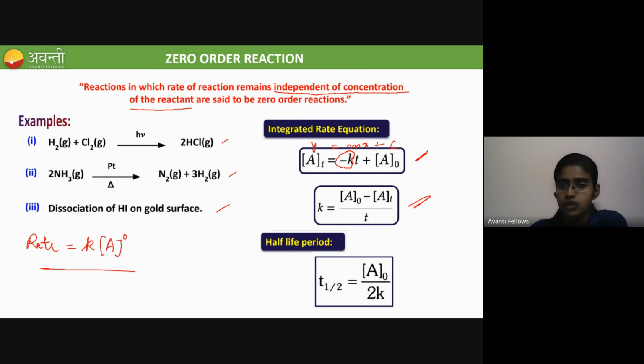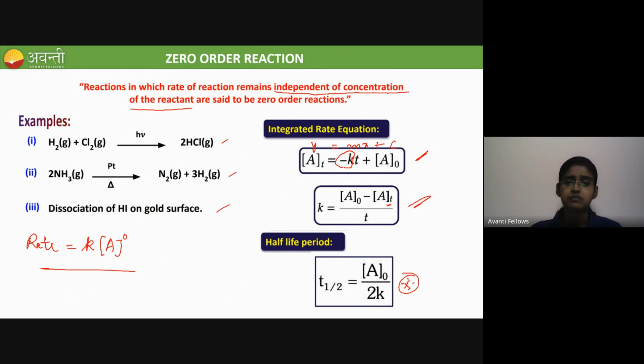Both are very important. A naught means the initial concentration of the reactant, and At means the concentration of the reactant after some time t. Okay. Then the half-life period for zero order is A naught by 2k, which is again very important. t half is equal to the initial concentration divided by 2k.